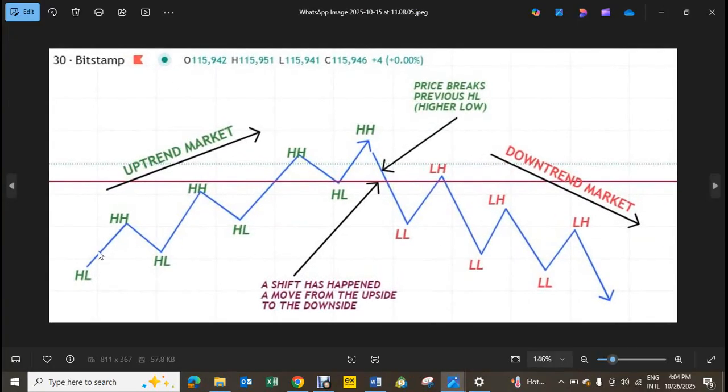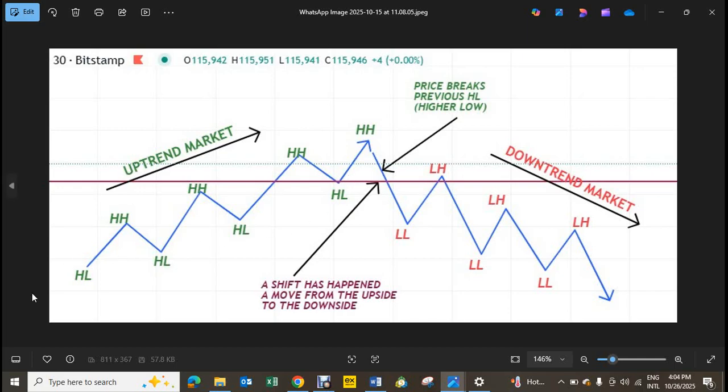We have an uptrend market, going up and down, up and down. Now you can see the market reversed and started going towards the downside, which means there's been a shift in the market. We are using a 30 minutes time frame, remember. Don't worry, I'm going to go into the chart so we can really understand what I'm saying here. I just want to give you a picture of how the strategy works.